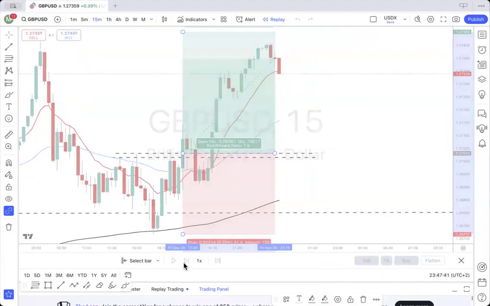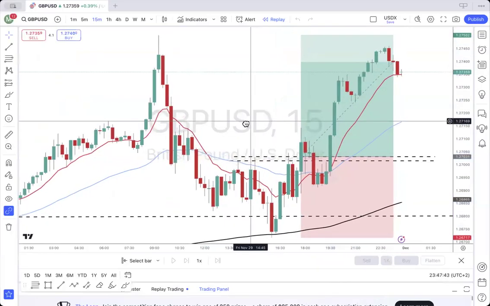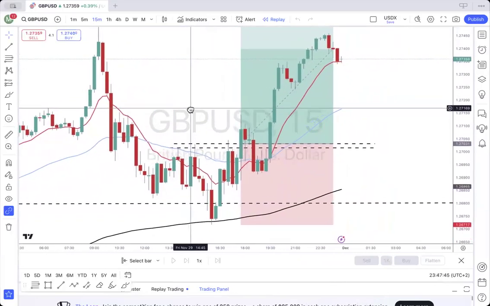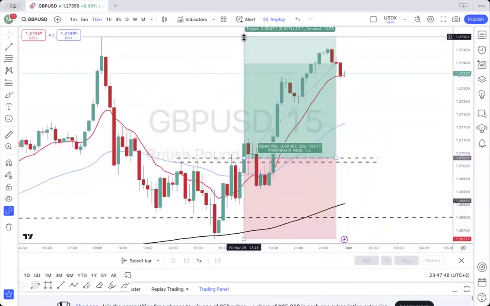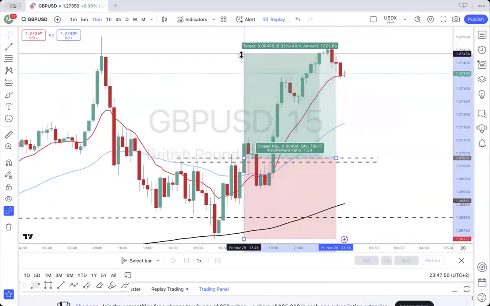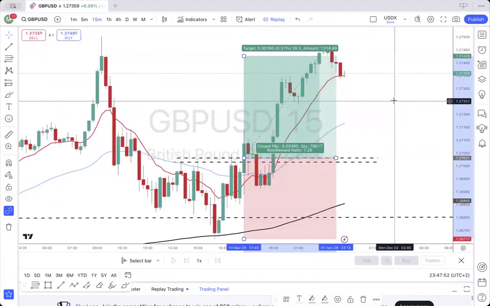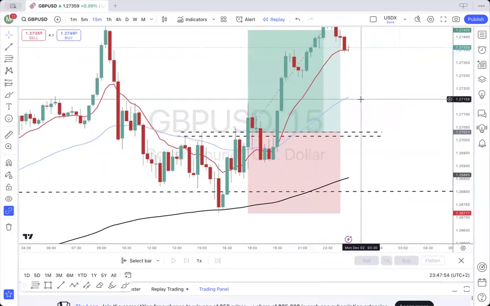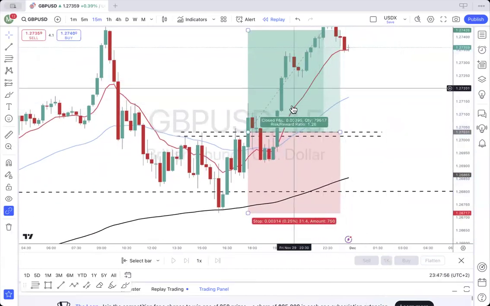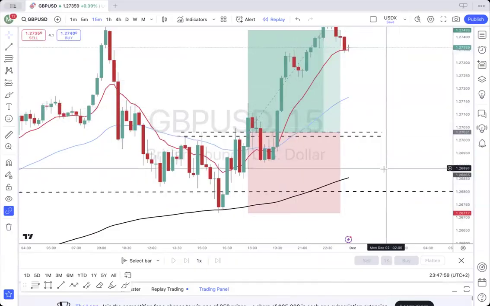Okay? I'm pretty sure that's the end of the week. But look how easy it is. Even if you were targeting the body of the candles there, your TP was going to be hit, but your target is slightly higher than your stop loss. All right.